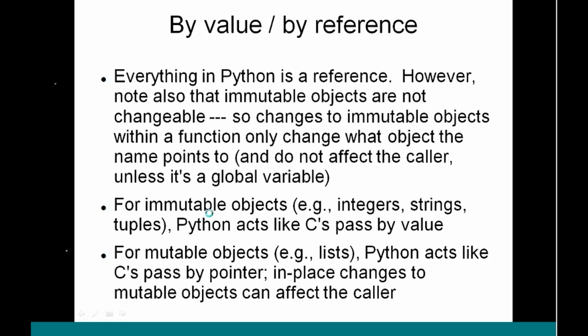And it also does not affect who calls that program. For immutable objects like integers, strings, tuples, Python acts like C passed by value. And for mutable objects, for example lists, Python acts like C passed by pointer. In place changes to the mutable objects can affect some earlier changes.